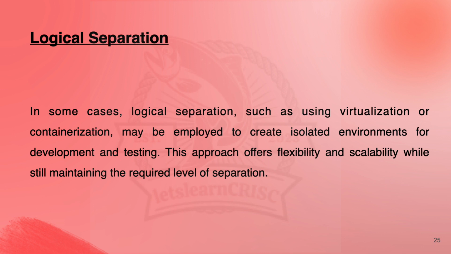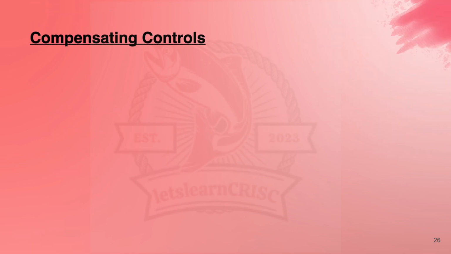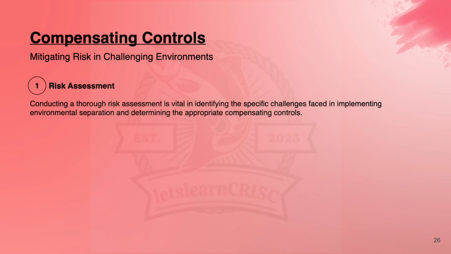Right? Moving next, we'll discuss some compensating controls, right? In this, mitigating risk in challenging environments. First is about risk assessment. Friends, in compensating controls, conducting a risk assessment involves thoroughly identifying challenges in implementing environmental separation, right?